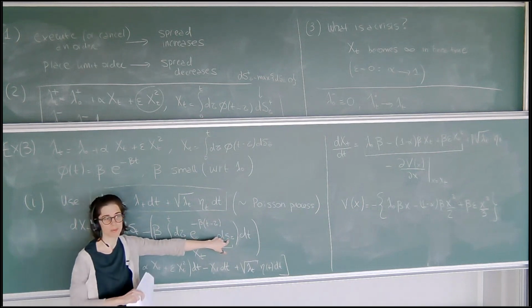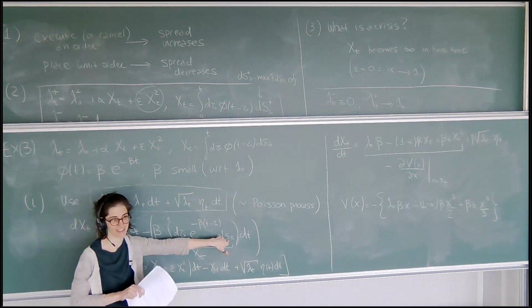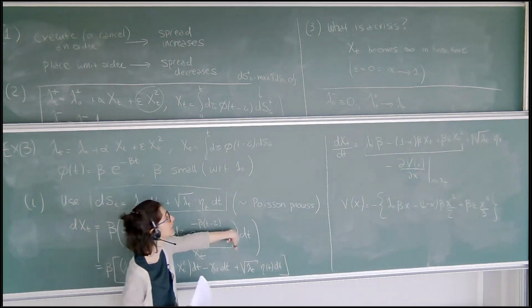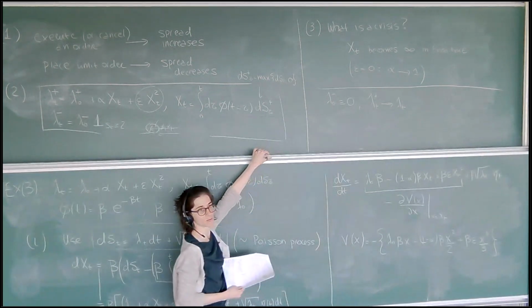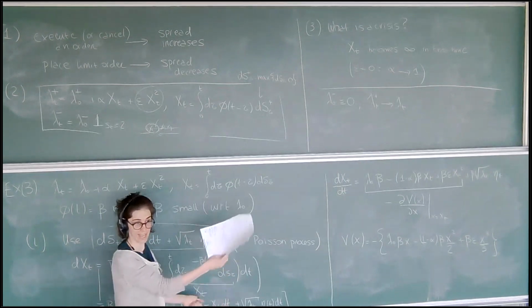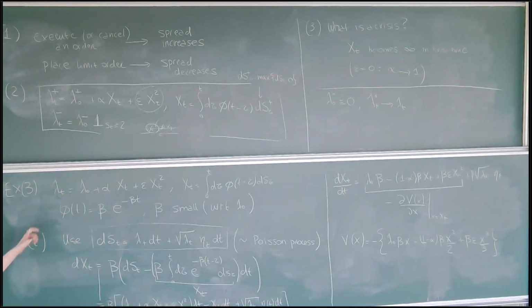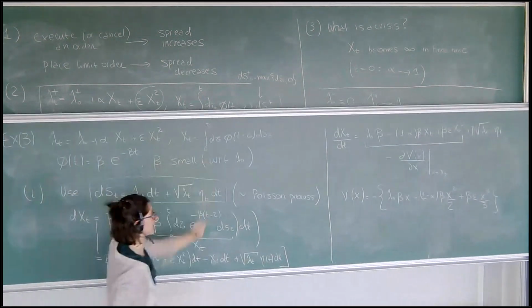And the reason is that to simplify the model, I kill the rate at which the spread decreasing events occur. So I set lambda 0 minus to 0. So all of the events which occur are those that increase the spread. So my ds coincides with ds plus. But thanks for pointing out.